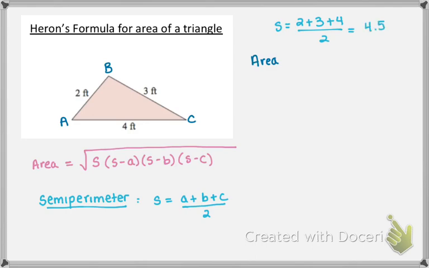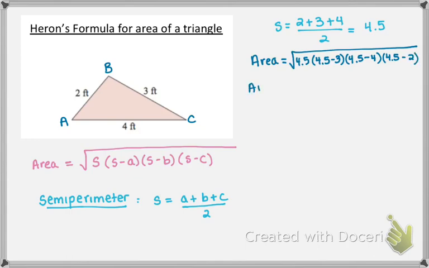And so the area is going to be the square root of 4.5 times 4.5 minus little a, which is 3, it doesn't matter which one you start with, times 4.5 minus little b, which is 4, times 4.5 minus little c, which is 2.